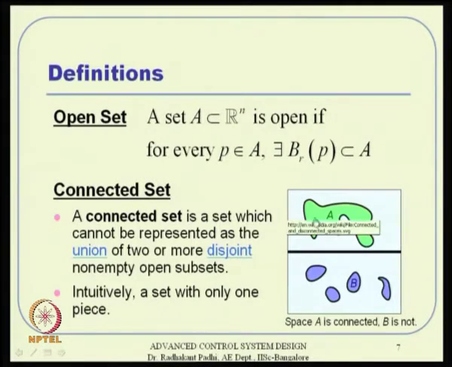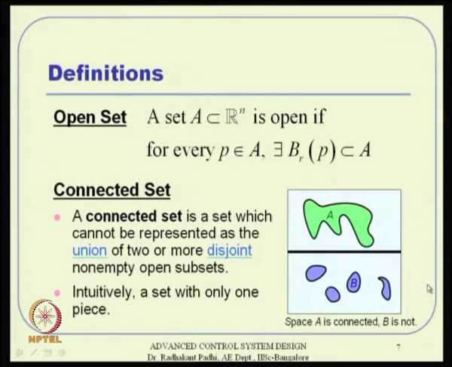That is what the picture tells you. So, for example, set A, what you see here, is a connected set, and set B, what you see here at the bottom side, is certainly a non-connected set. If you concentrate on it, A is a connected set, B is a non-connected set.